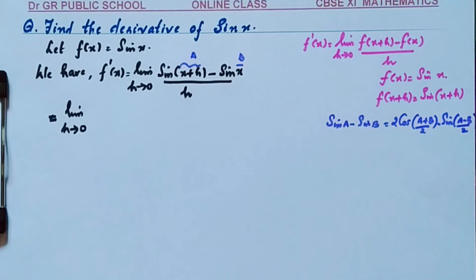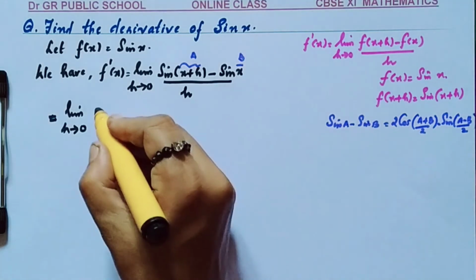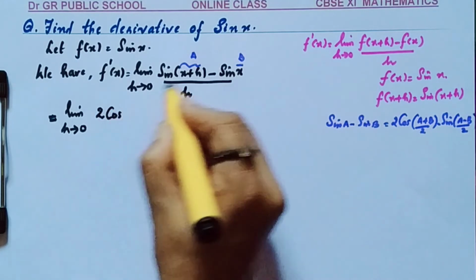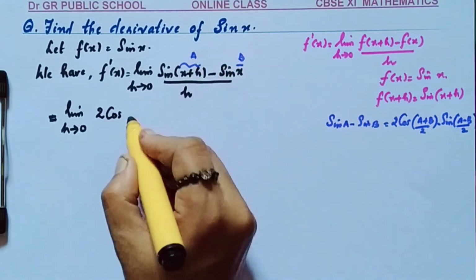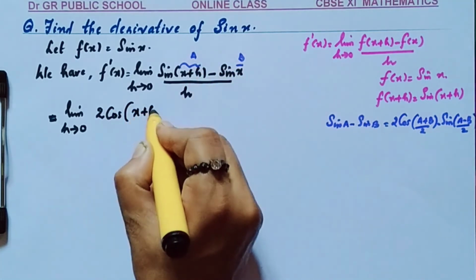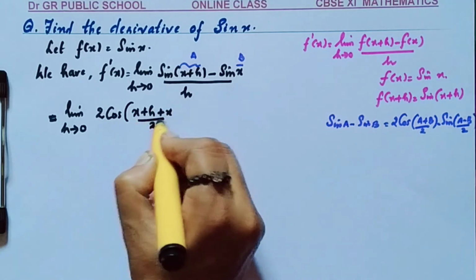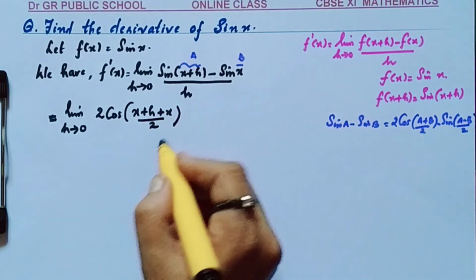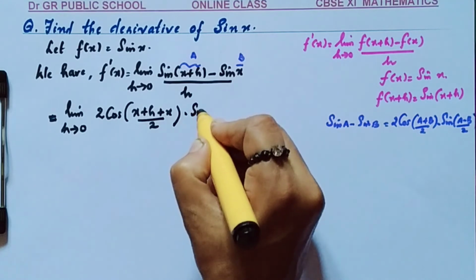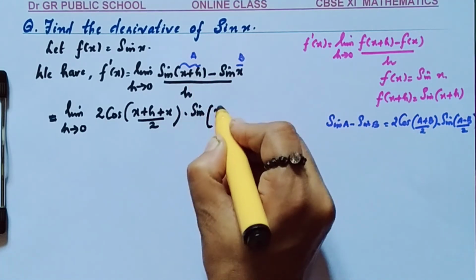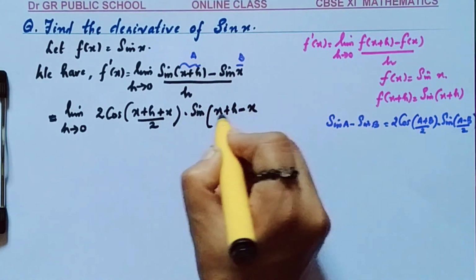So, limit h tends to 0, 2 cos a plus b by 2, your a is x plus h and b is x, into sin a minus b by 2.